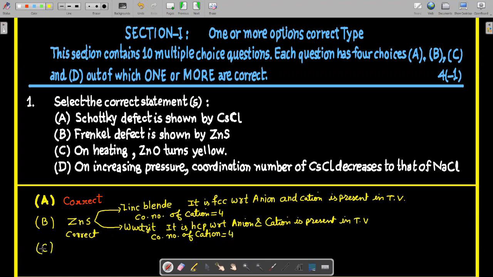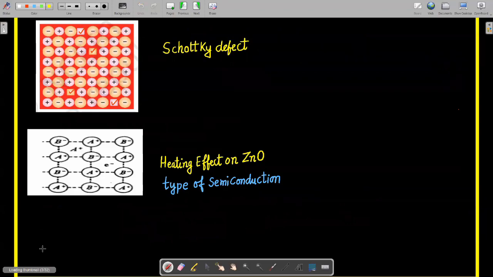In C option, they are saying that on heating, zinc oxide turns yellow. This is the structure we have taken from JD Lee. So in zinc oxide, when we are heating, it will break down to form Zn2+ ion plus half O2 gas plus 2 electrons.